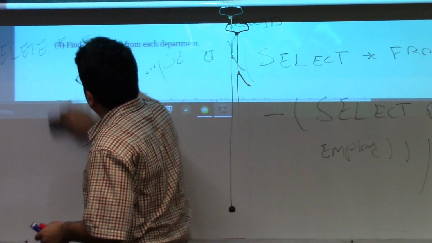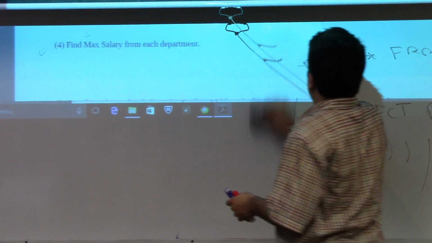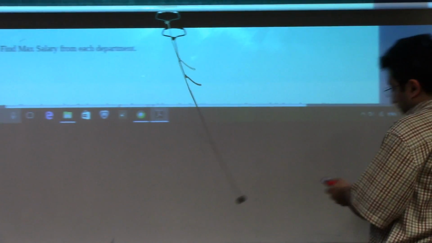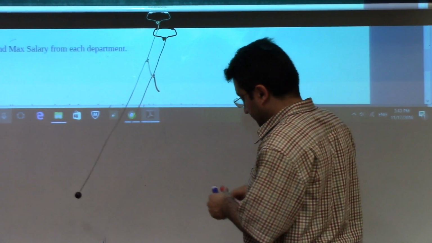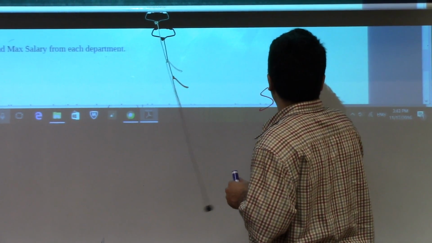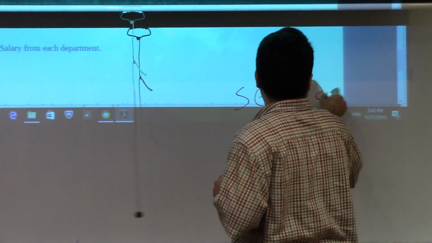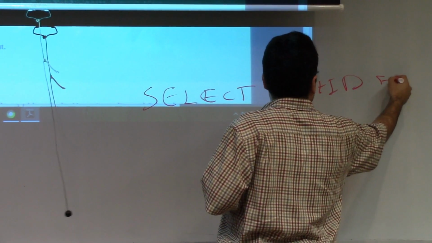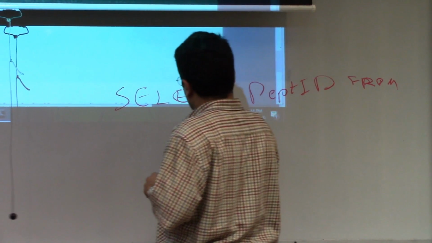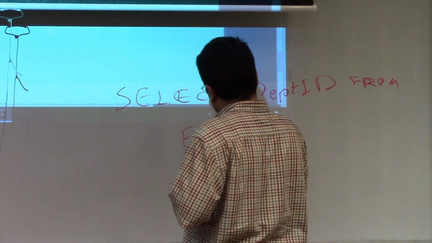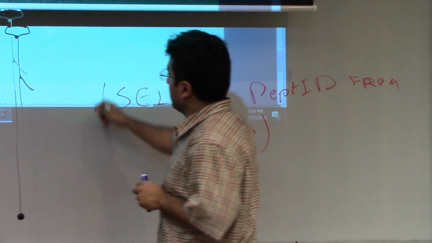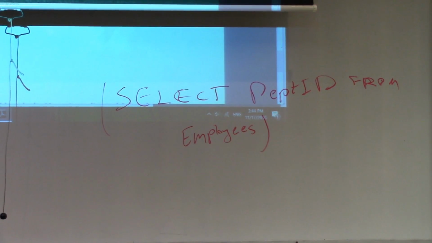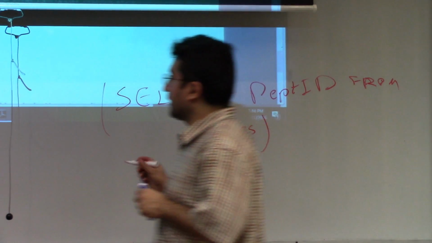Select department ID from employee. This returns all the department IDs that have some employees, the department IDs appearing in the employee table.